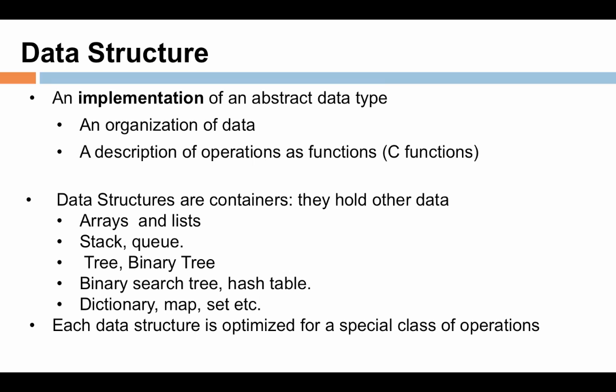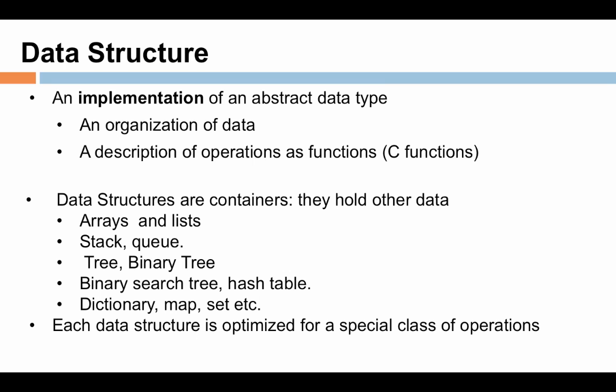Now we come to the central theme of this course, which is a data structure. A data structure, first of all, is an implementation of an abstract data type. It is not just a specification of an abstract data type, it is an implementation of an abstract data type. So the implementation tells you how the data is organized, and you also describe the operations as C functions.